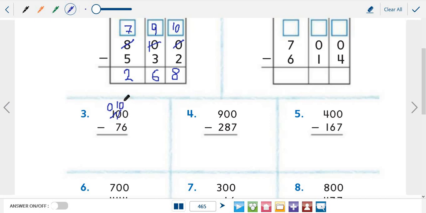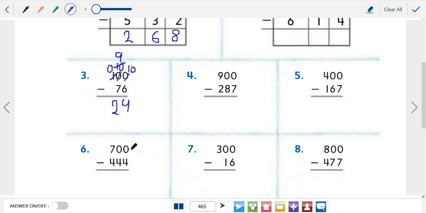And then we will regroup a 10 into 10 ones. So the 0 is gonna be 10. Now 10 ones minus 6 ones equals 4 ones. And 9 minus 7 equals 2. So the difference is 24.